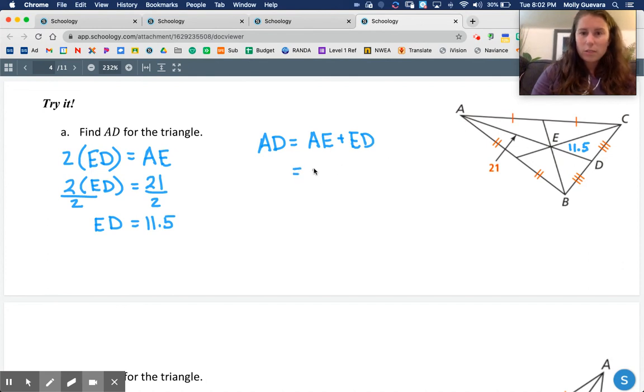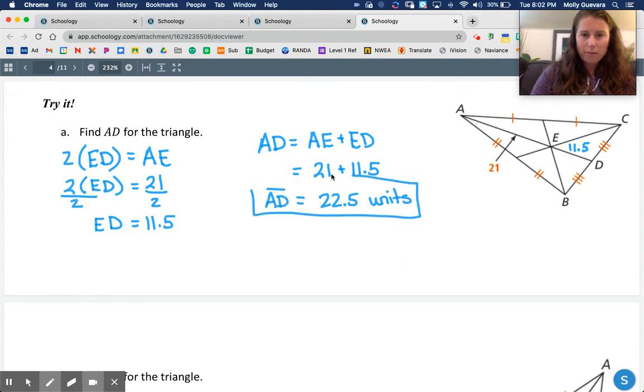Well, I was told that AE is 21, and I found that ED is 11.5. If I add those two together, I get 22.5 units. So the full length of AD is 22.5 units. And that's it.